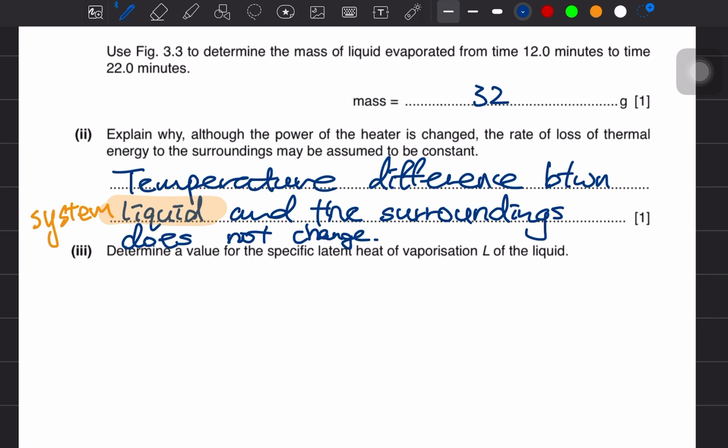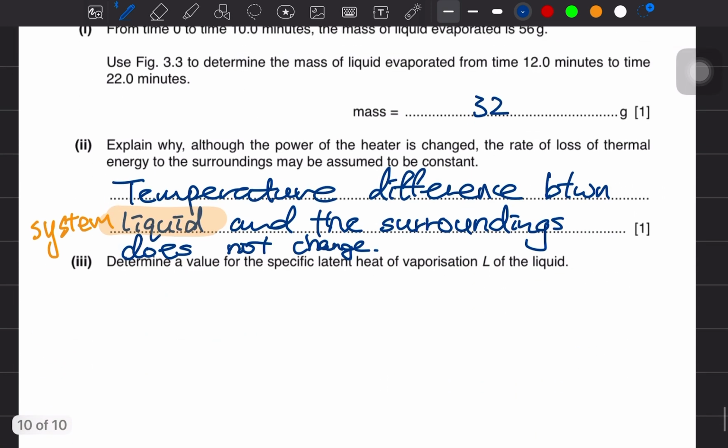Because now we're at the specific latent heat of vaporization, and in this period, our system, the liquid, has a constant temperature despite the heating, because it's boiling water right now. And if the system has a constant temperature, let's say the system is in thermal equilibrium.